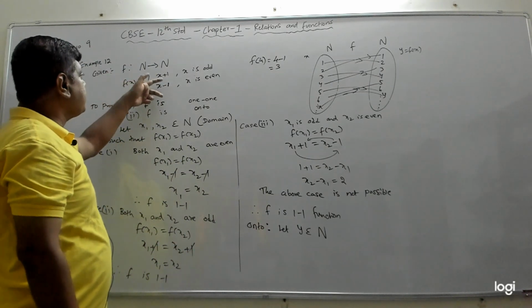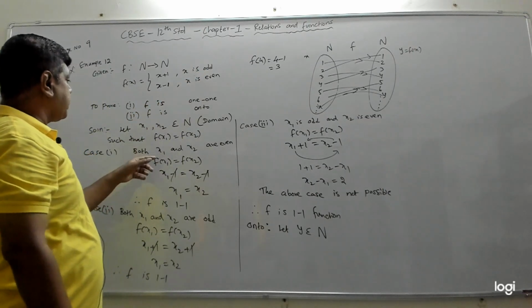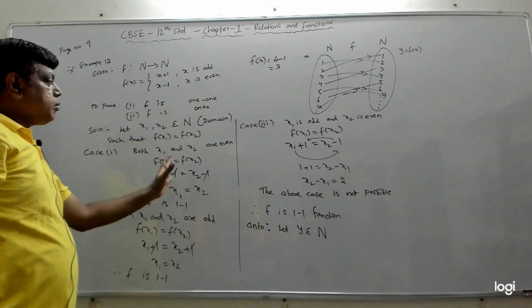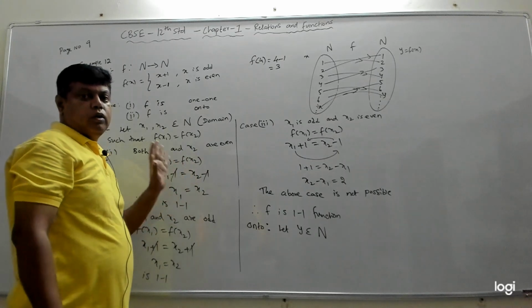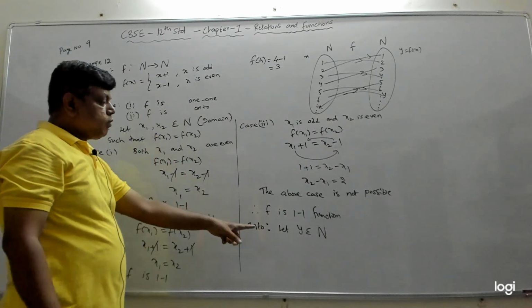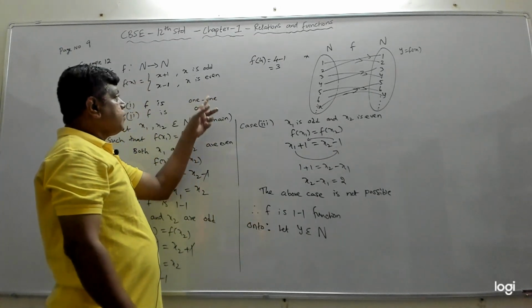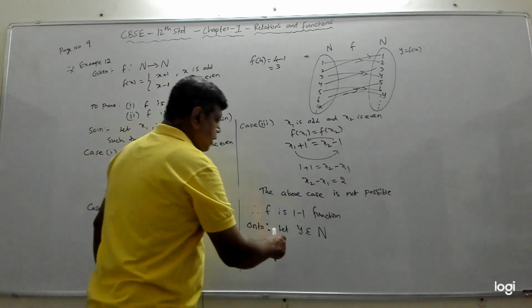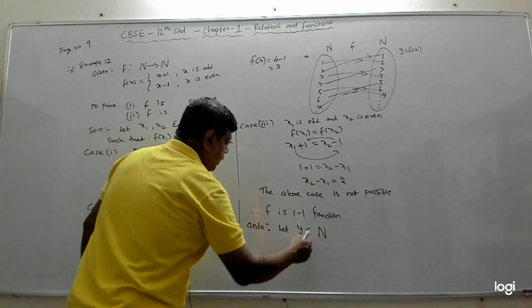Here f of x is behaving based on even or odd, so we should take both even, both odd, one even and one odd. Whenever you take two elements. Here only one element, so we have odd or even, so we should have two cases. So let y belong to n.